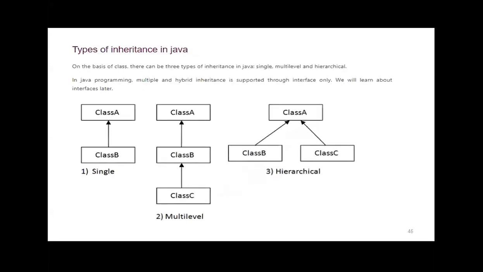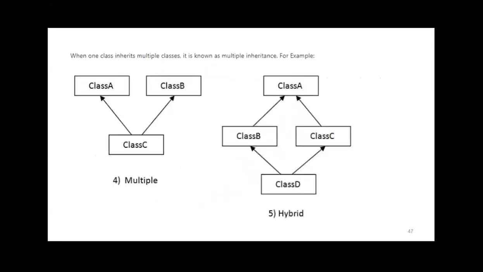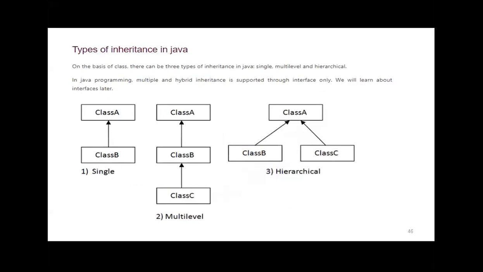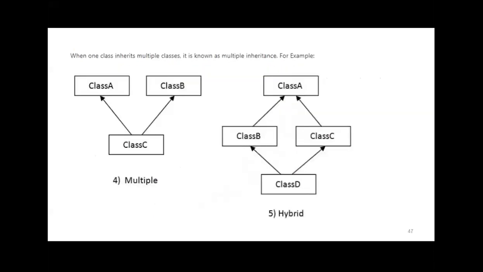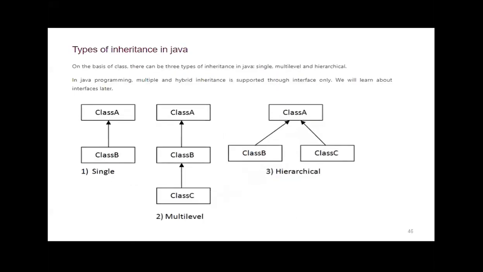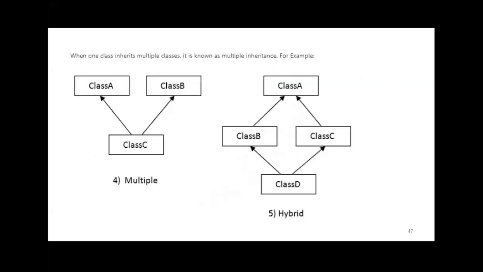So guys, these are the types of inheritance: single inheritance, multi-level inheritance, hierarchical inheritance, multiple inheritance, hybrid inheritance. Mostly nowadays we are using single inheritance, multi-level, and multiple inheritance, or hierarchical also in some cases, but hybrid we are not using because of some problems.